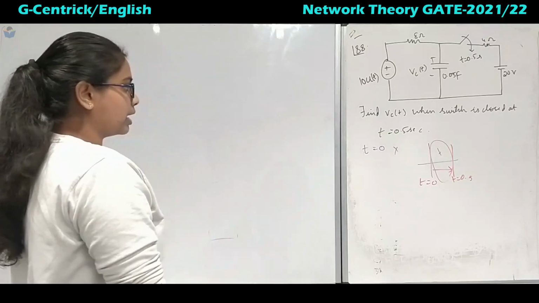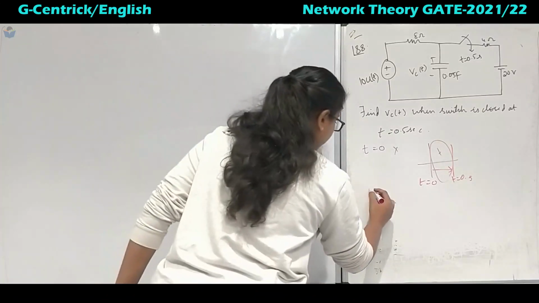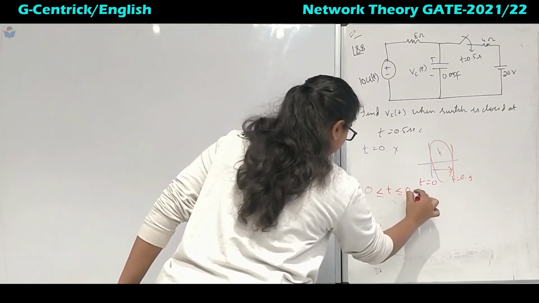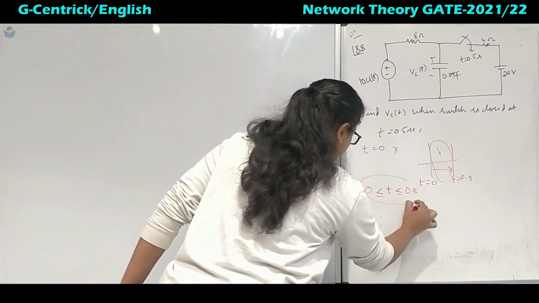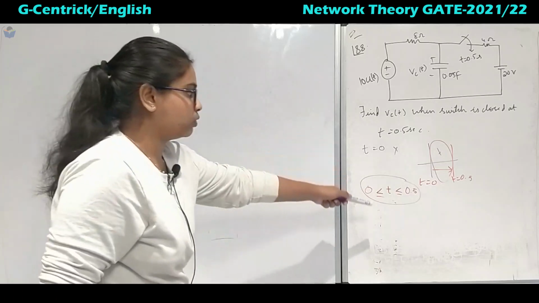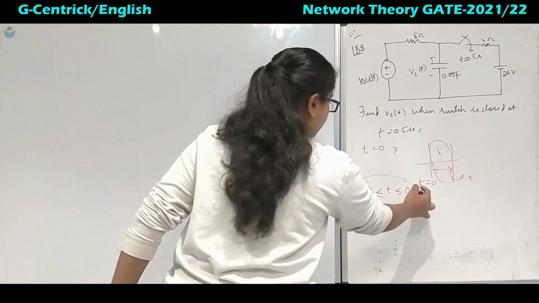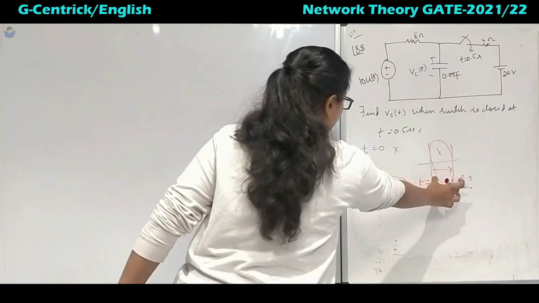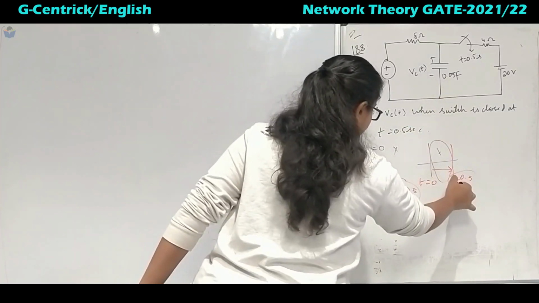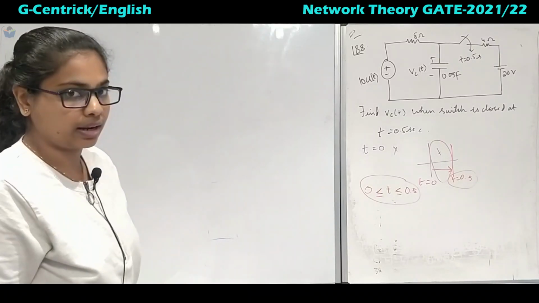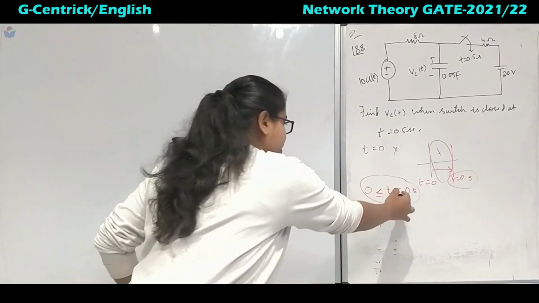So first analysis for us will be in between 0 to 0.5. If we know this one, then we can switch to 0.5, because up to 0.5 we will know how much charge is present, then we can take this as our reference.